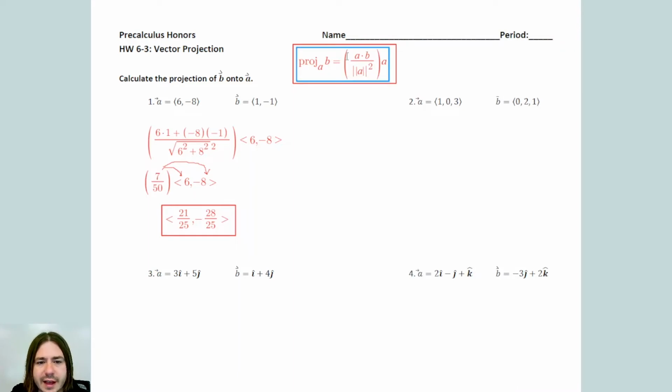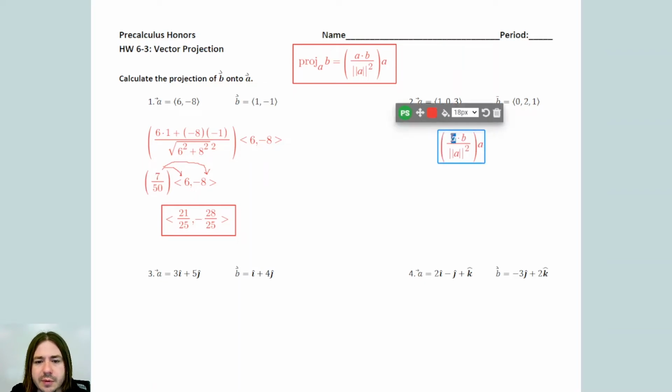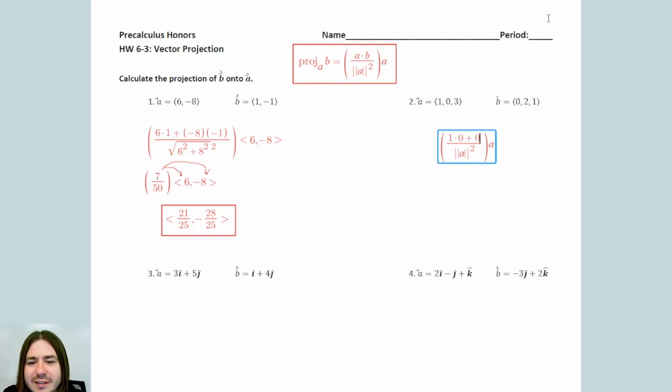We're going to use the exact same formula here. Just got to be a little bit more careful on how you evaluate each of the pieces here. So a times b is going to be, in this case, 1 times 0, okay? We're in good shape so far, plus 0 times 2, that's going to be 0 as well, plus 3 times 1.